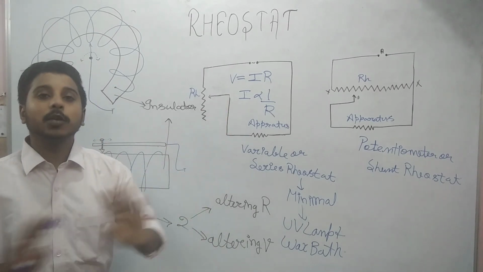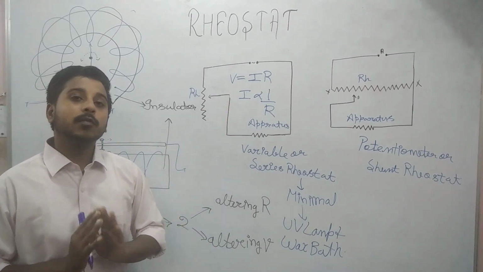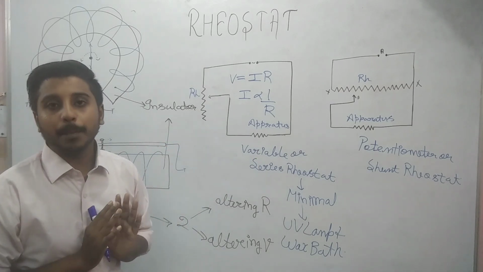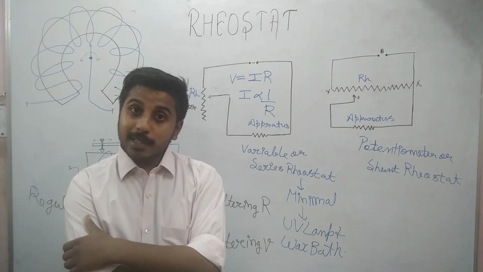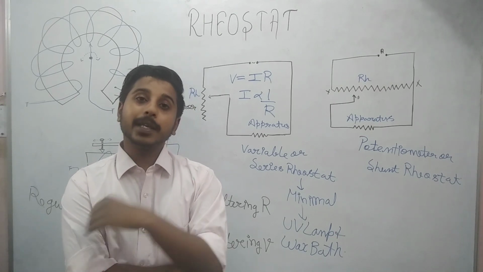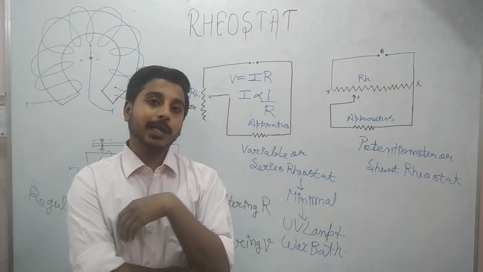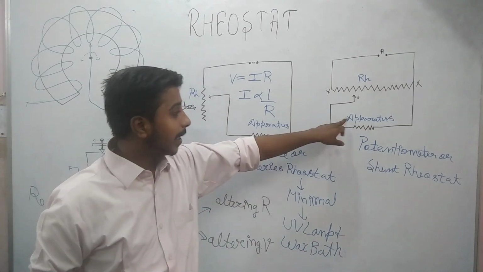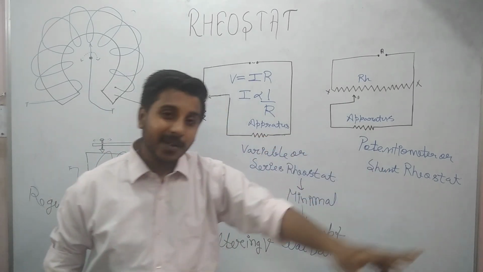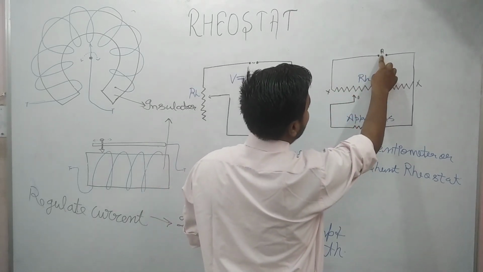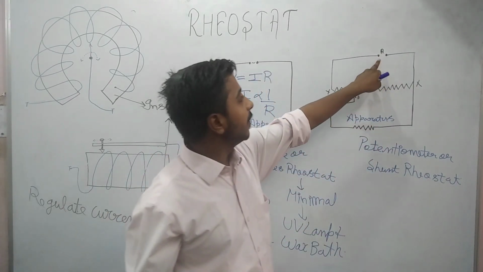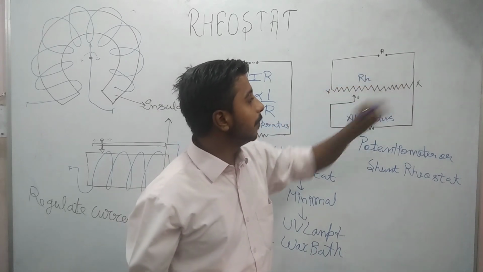So this is not used in the modality in which we apply a current directly to the patient. But you will say that we have TENS, by which we apply a current to the patient in a direct method. So it has a potentiometer or shunt rheostat. Now you will see, a potential difference is given to both the wires.